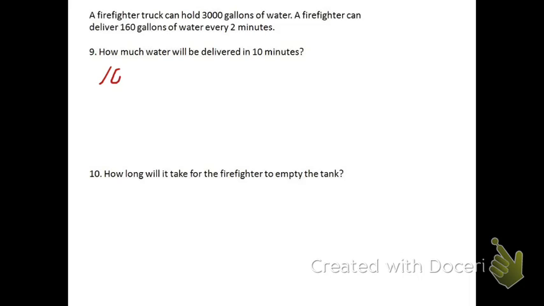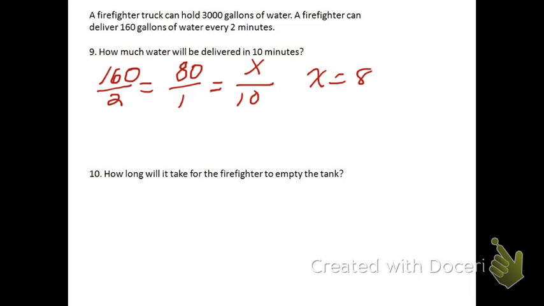I'm going to reduce that to make things easier to work with. Divide both of these by 2, so that's going to give me 80 to 1. So how much water, so the water is on top, can be delivered in 10 minutes? So cross-multiplying, I get 1x is equal to 800. And so that was gallons, so let's label that as 800 gallons.